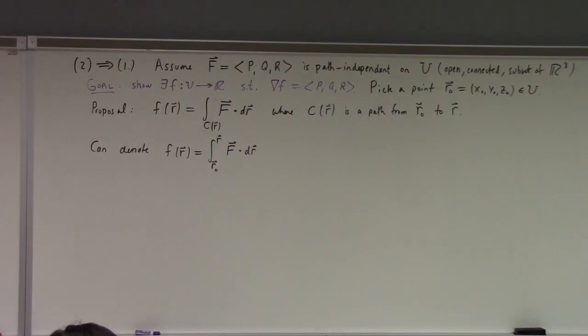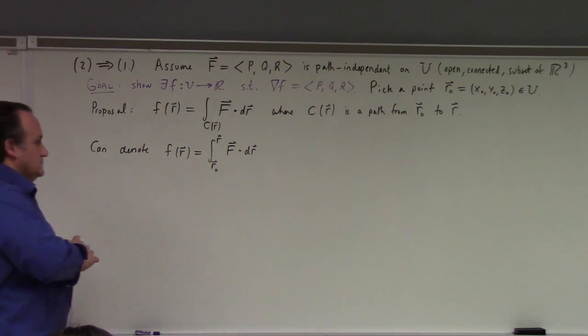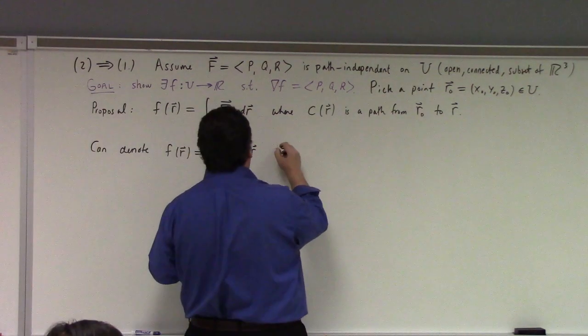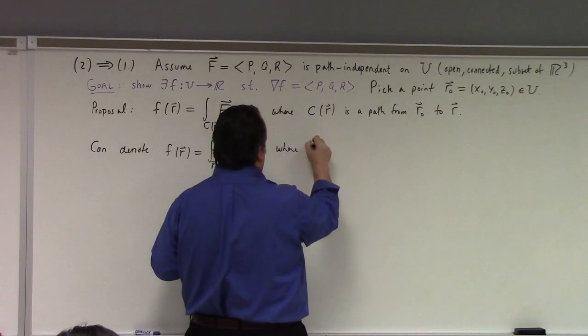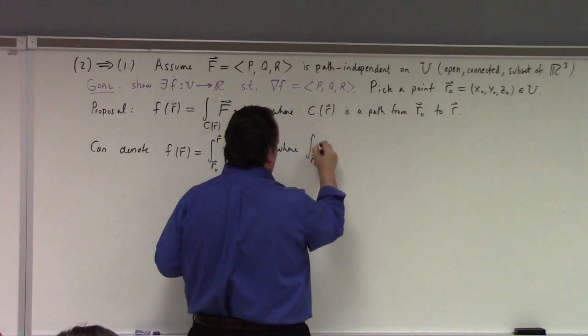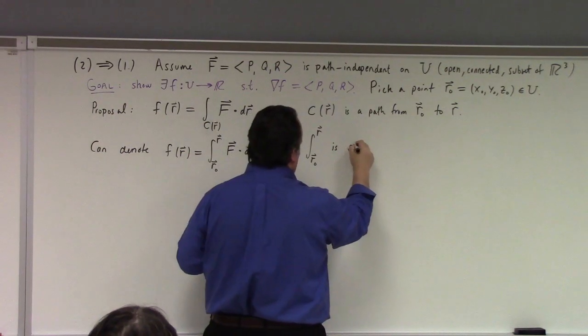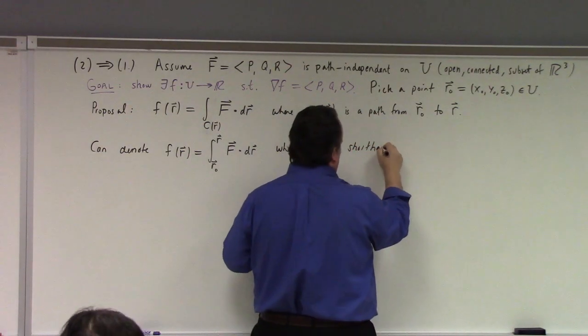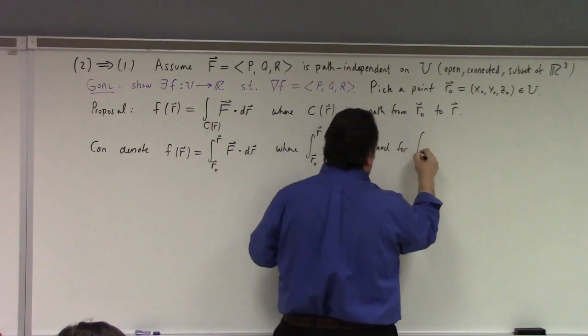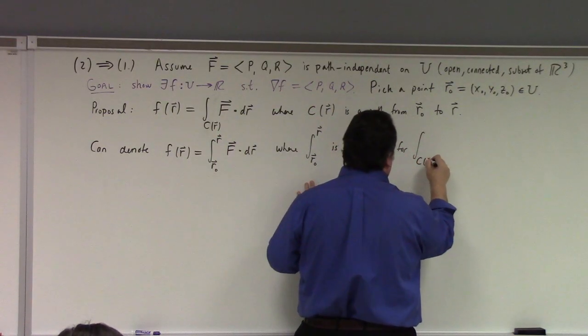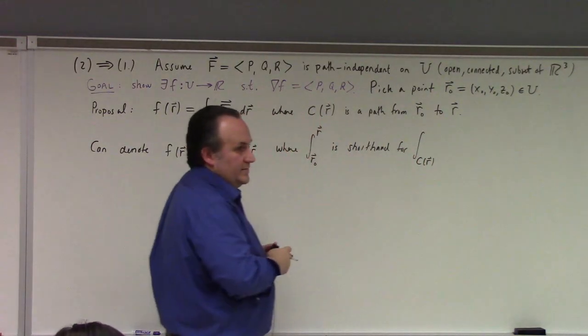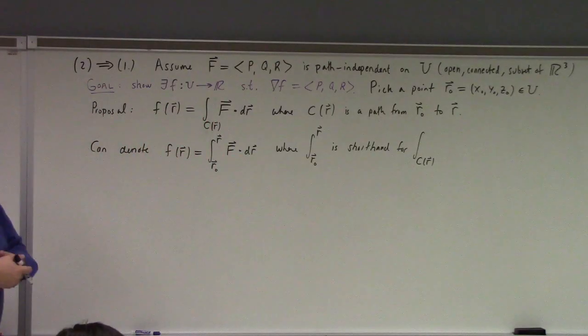Do you guys understand why this defines a function? I'm saying integral from r naught to r is shorthand for the integral over C of r. Path independence gives us that this is single valued.